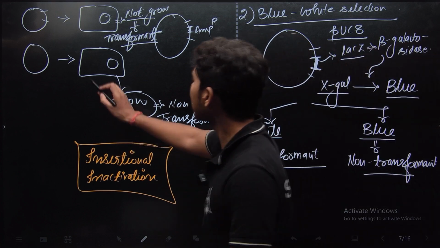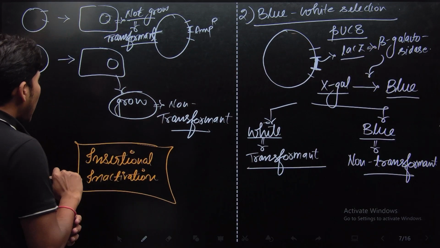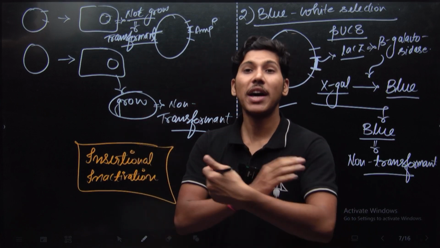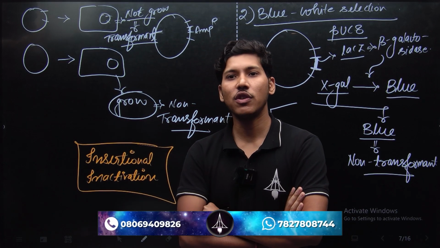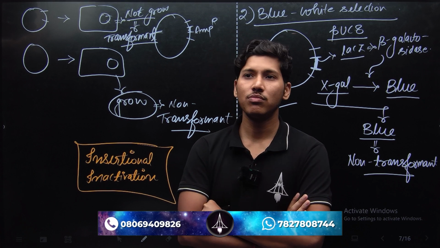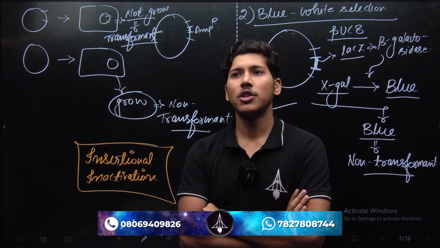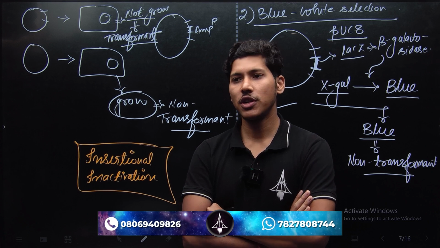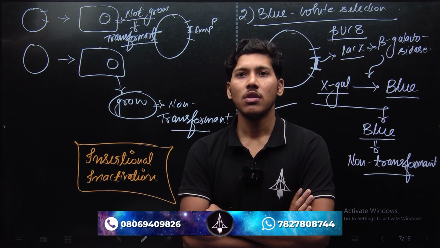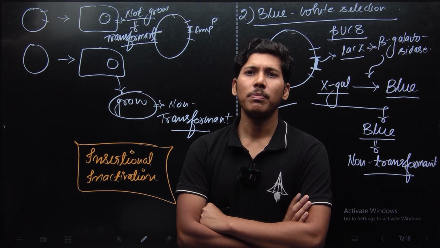So the first one is the antibiotic resistance gene. Let's say the plasmid in which we are inserting our gene of interest contains a gene which makes that plasmid resistant to the antibiotic ampicillin.